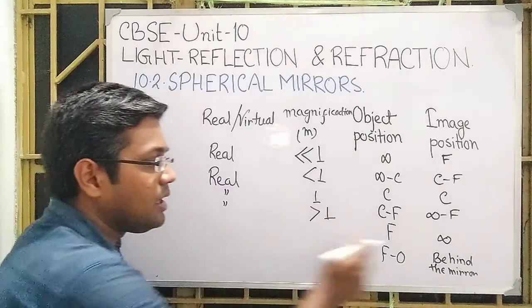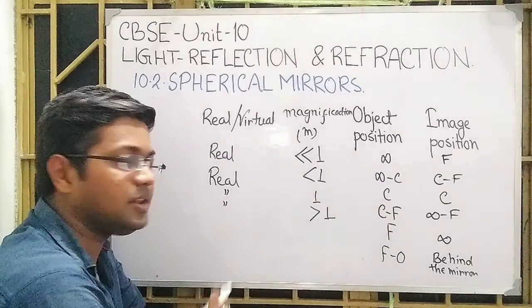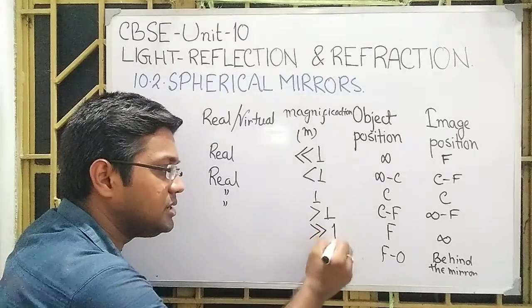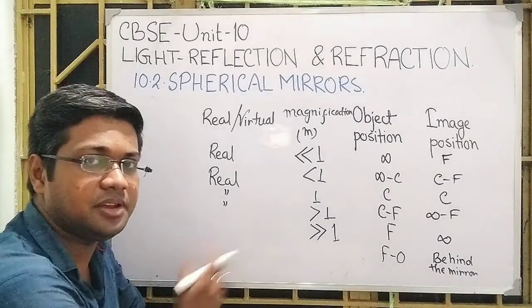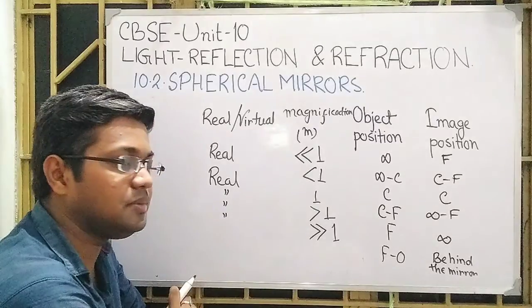Okay, if the object is placed at the focus, the image will be formed at infinity. At that time the size of the image is very much greater than that of the object, so the magnification is much greater than 1. Okay, and at that time also the image is real.